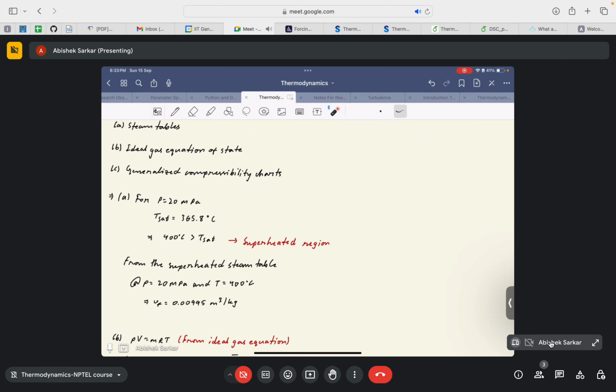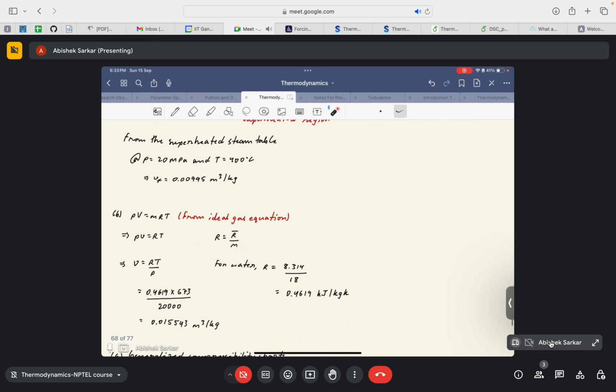It was one of the conclusions in our previous session. So let us assume the given superheated state can be treated as an ideal gas. We use the ideal gas equation, simplified to P into small v equal to RT, where R is the universal gas constant divided by the molar mass of water.